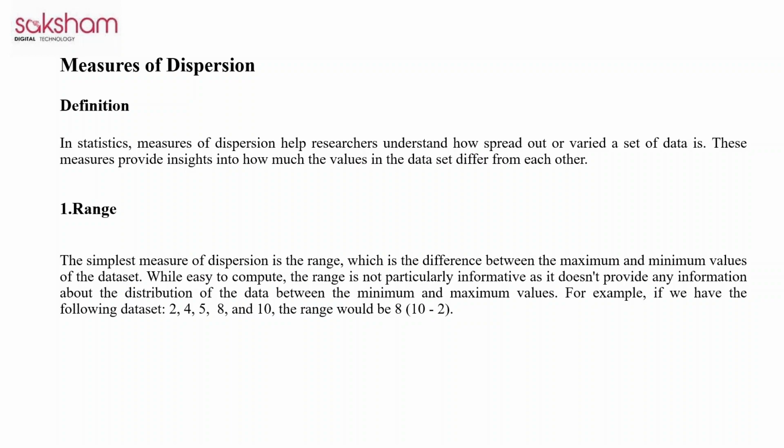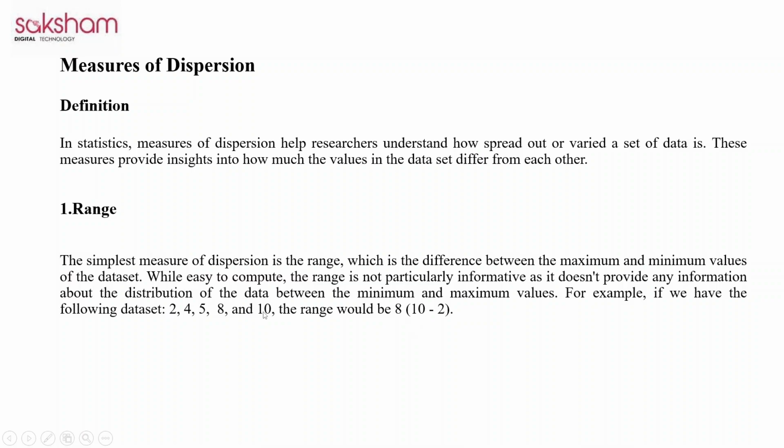While easy to compute, the range is not particularly informative as it doesn't provide any information about the distribution of the data between the minimum and maximum values. For example, if we have the data set 2, 4, 5, 8 and 9, the range would be 8. Why 8?